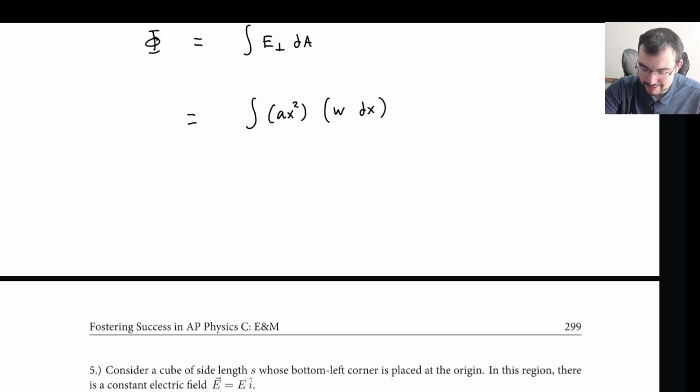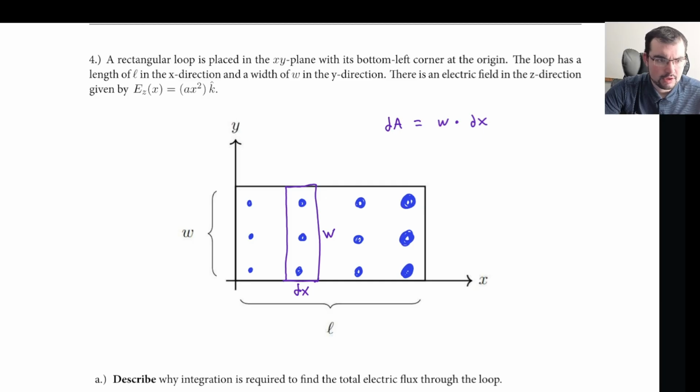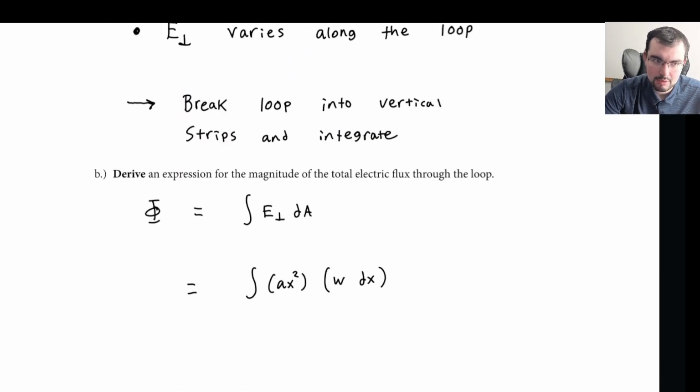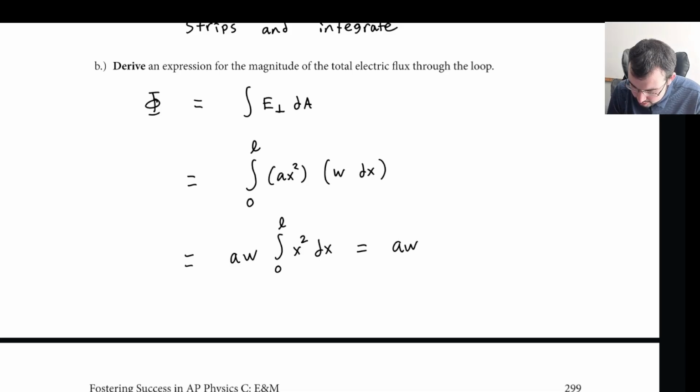And then we look at where our strips are actually spanning. So our first strip starts at x equals 0, and we go all the way out until x equals L. And notice A and W are constants. And then we just do a simple power rule on this.